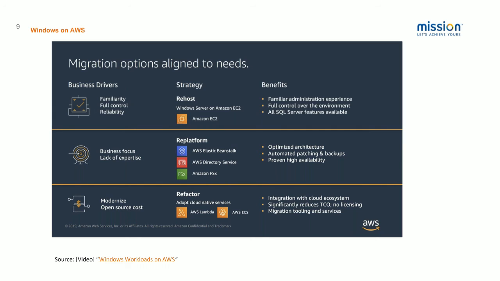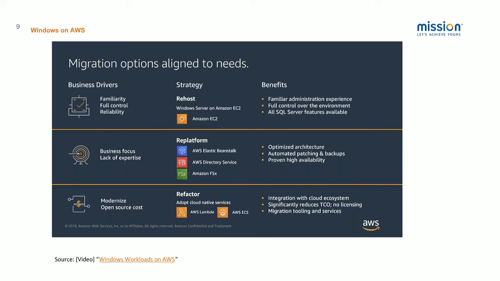This is the first stage of optimization, using things like reserved instances to save, and then using managed services like RDS rather than running your own SQL Server on an EC2 instance. That enables you to also free yourself from the licensing burden of maintaining your own license. The licensing is built right into your EC2 cost for Windows and your SQL Server cost for RDS.